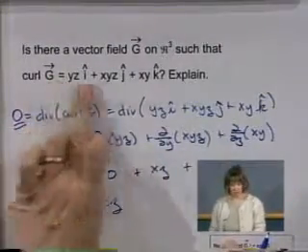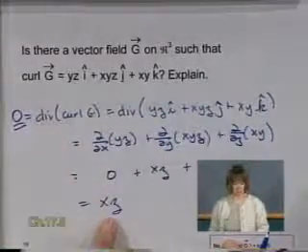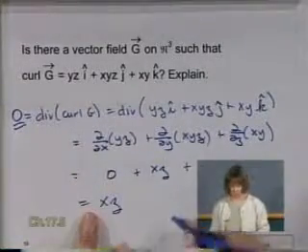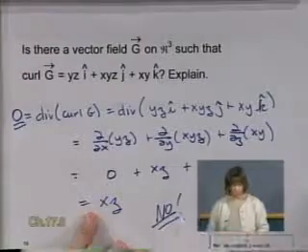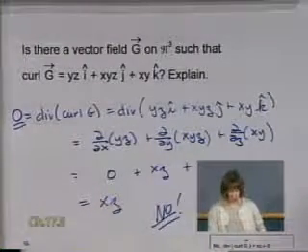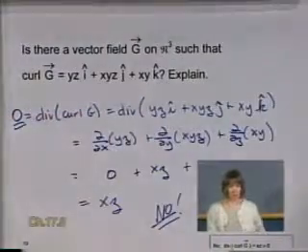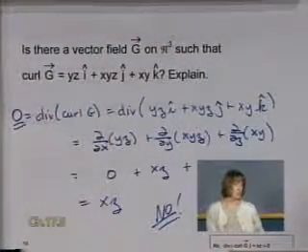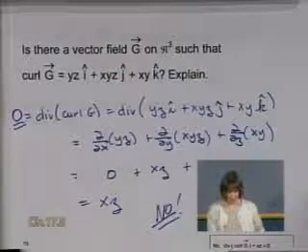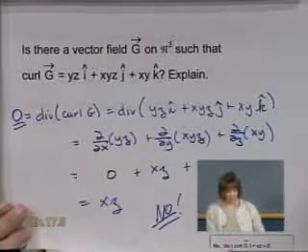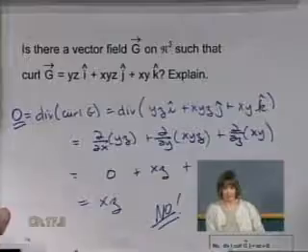But the divergence of this gave me xz, which is not 0, so no. It can't happen. You can't find some G whose curl is equal to that. So all you have to do is take the divergence of this and show that you're not getting 0. It's not worth your while to find some G whose curl is equal to that.